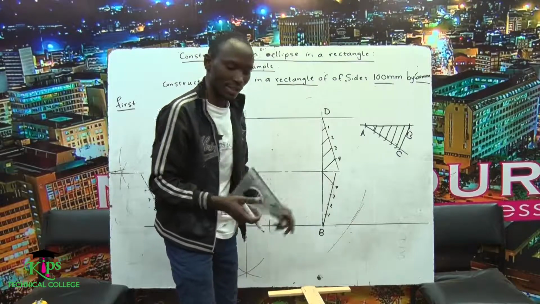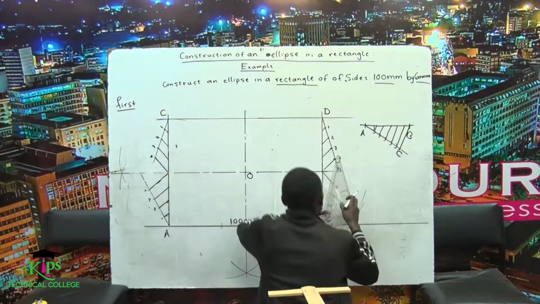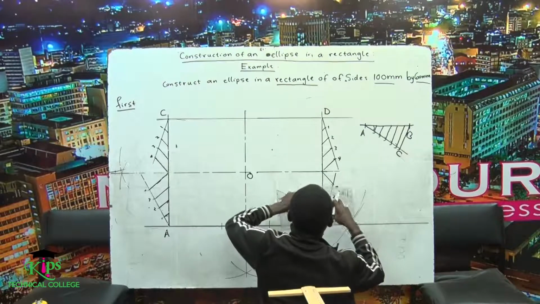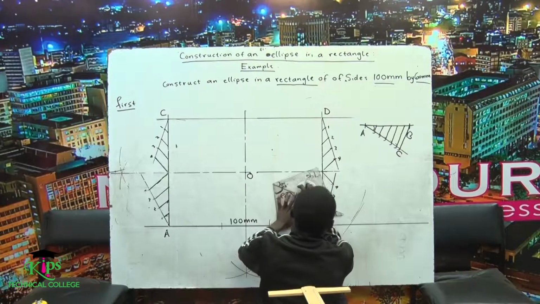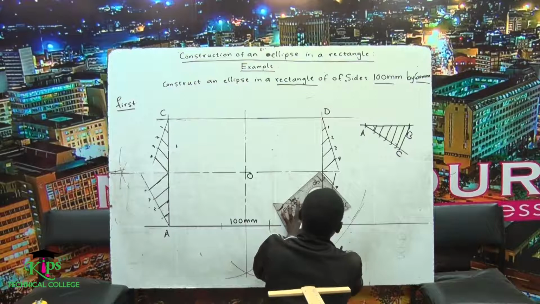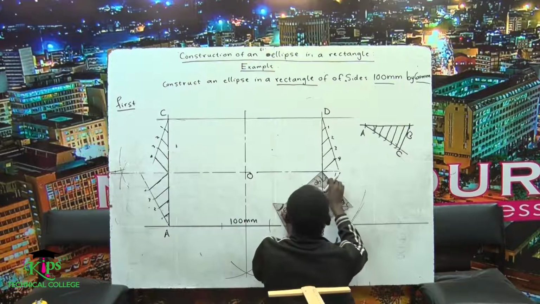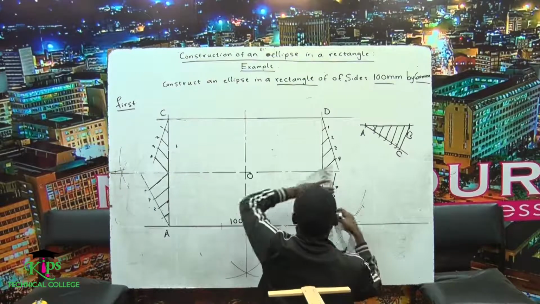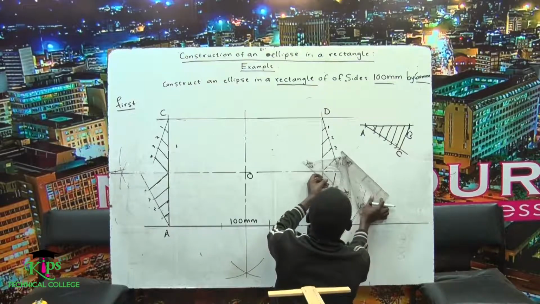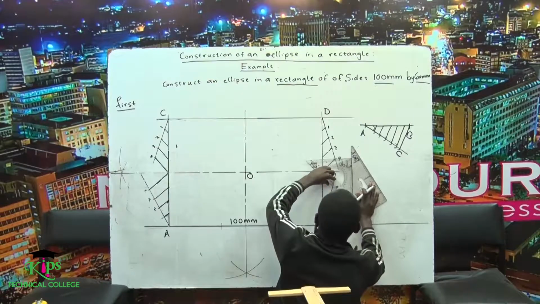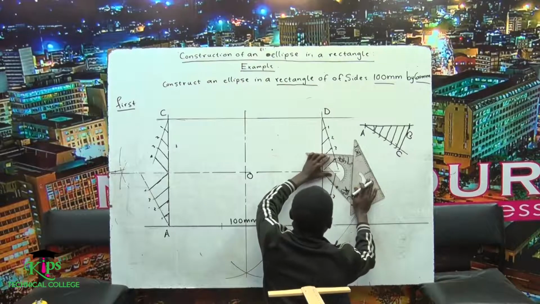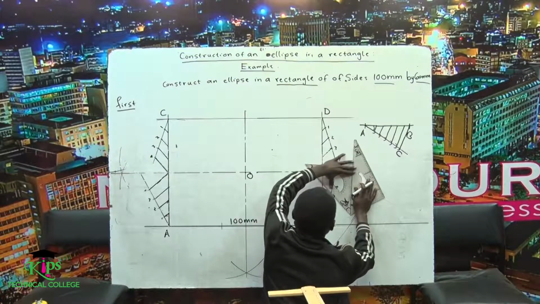Then draw parallel lines to this line. So I slide like this.